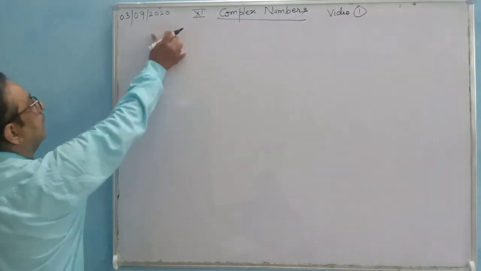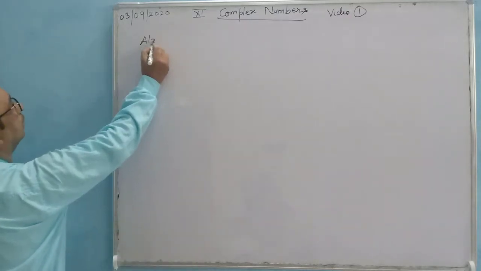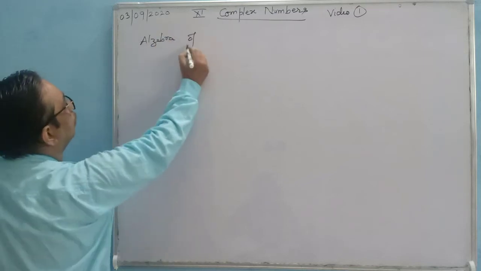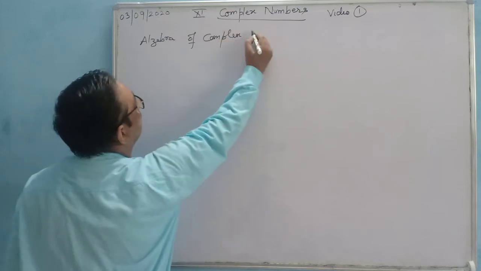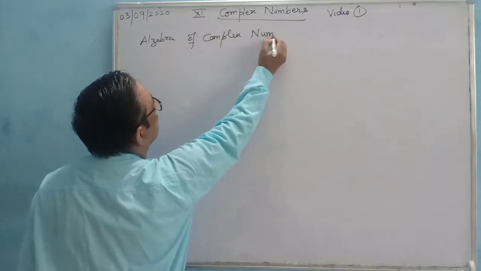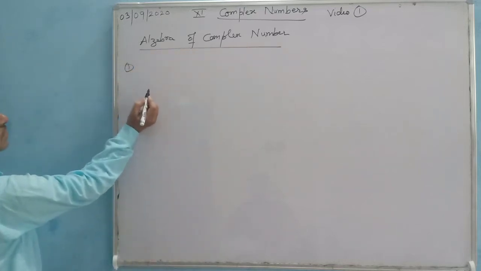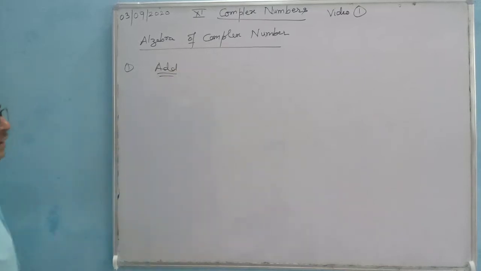Now we discuss the algebra of complex numbers. First is addition. What do you mean by addition?